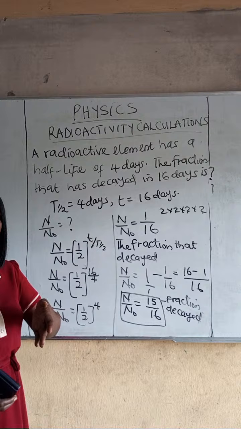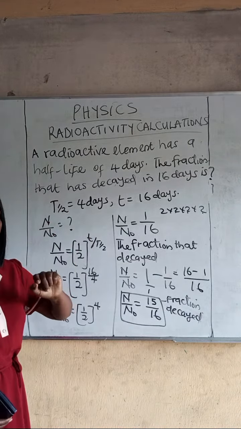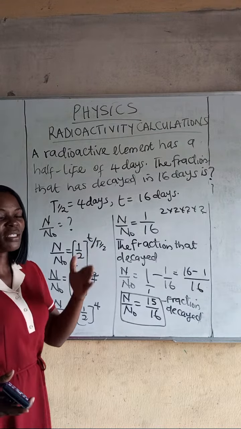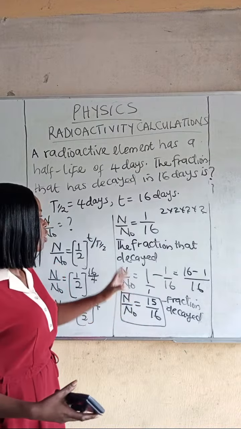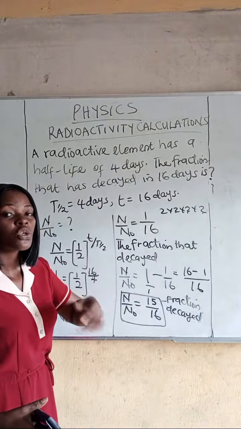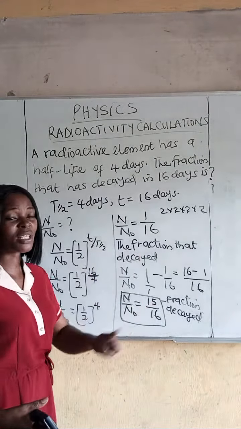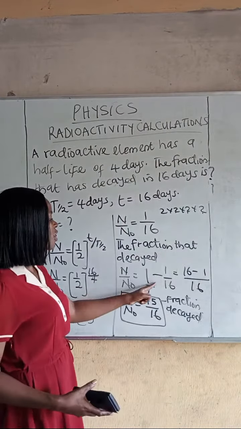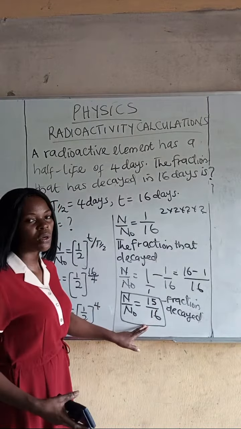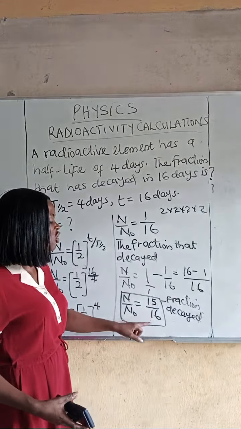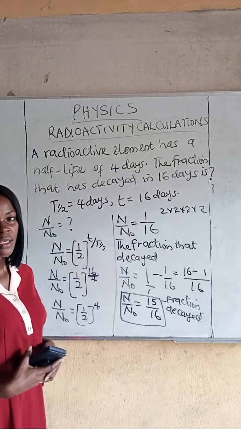It is the fraction that remained after disintegration, because all the element that has decayed, you cannot find it. So the one we have is the one remaining. So for us to know the one that has decayed, because this is a fraction and we have a whole number that is greater than a fraction, we say 1 minus 1 over 16. Use LCM to solve, to get 15 over 16. So this is the fraction that decayed, whereas this is the fraction that remained. Do we understand?